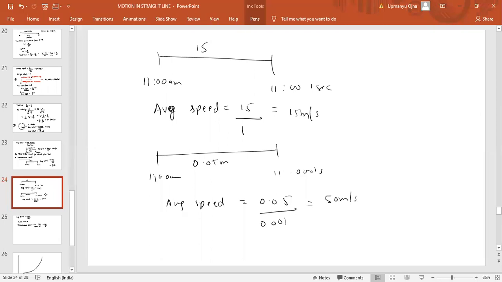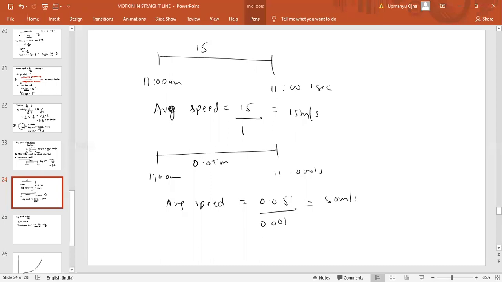Like when you are traveling fast, it becomes 80 kilometer per hour, 81, 82, 83. What is that 81, 82, 83 giving us? It is giving us the instantaneous speed of the particle. So if you look at your clock at 11 a.m., your car was traveling with the speed of 50 kilometer per hour. That is the instantaneous speed of the particle.